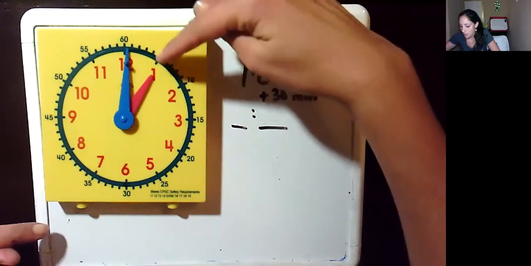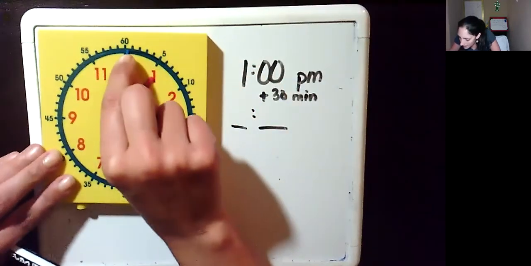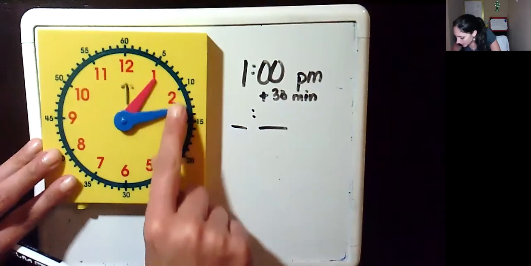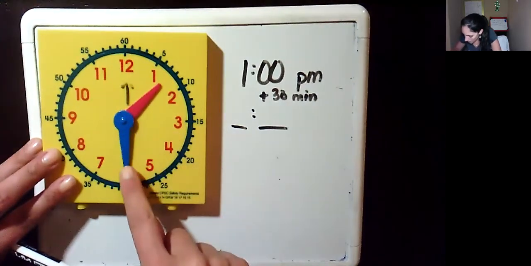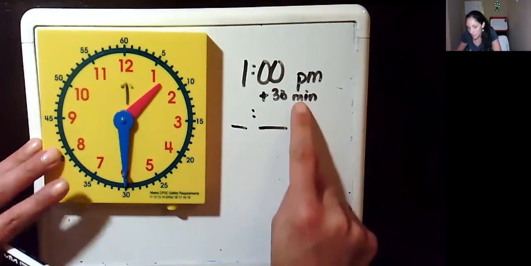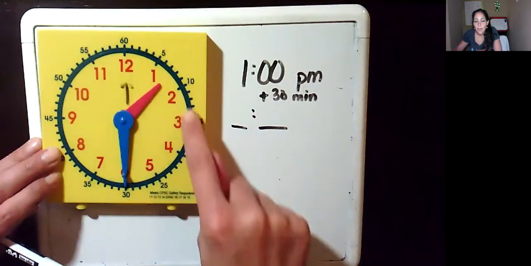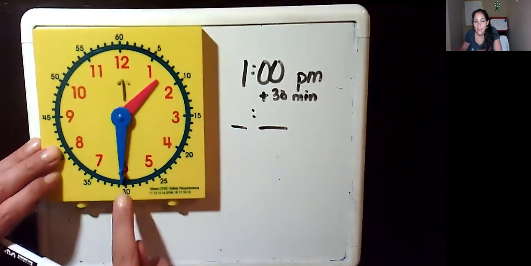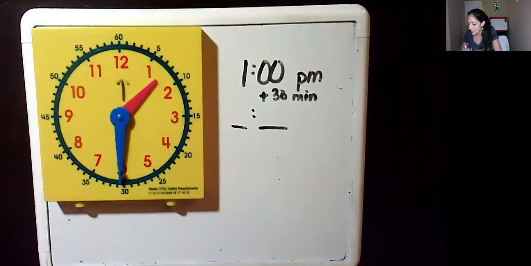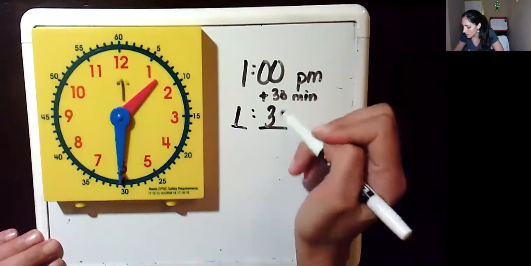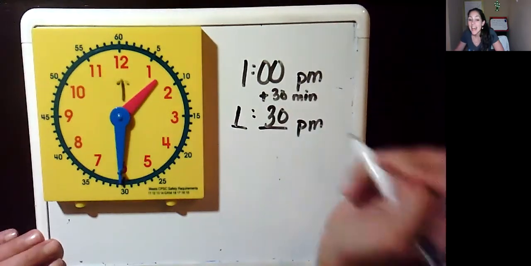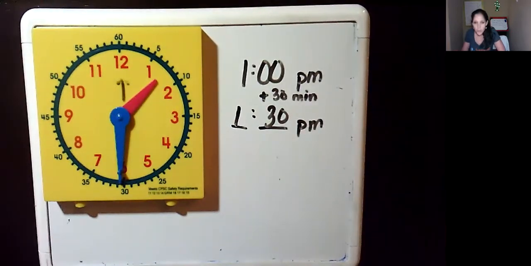And if I'm counting by fives with my minute hand, 5, 10, 15, 20, 25, 30, plus 30 minutes. My big hand goes around and it's pointing down. It's half past 1. It's 1:30 p.m.